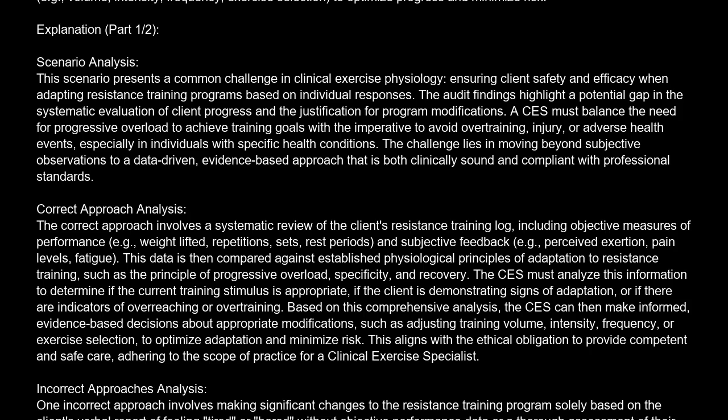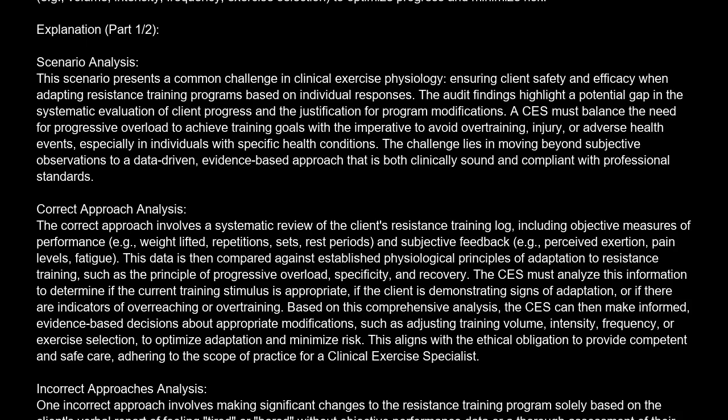A CES must balance the need for progressive overload to achieve training goals with the imperative to avoid overtraining, injury, or adverse health events, especially in individuals with specific health conditions. The challenge lies in moving beyond subjective observation to a data-driven, evidence-based approach that is both clinically sound and compliant with professional standards.